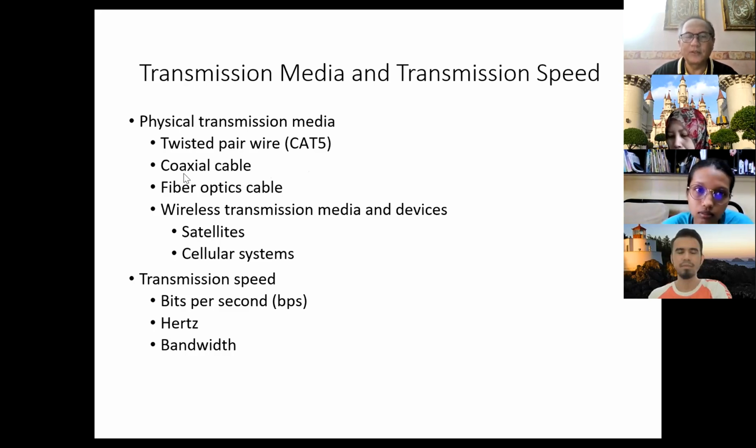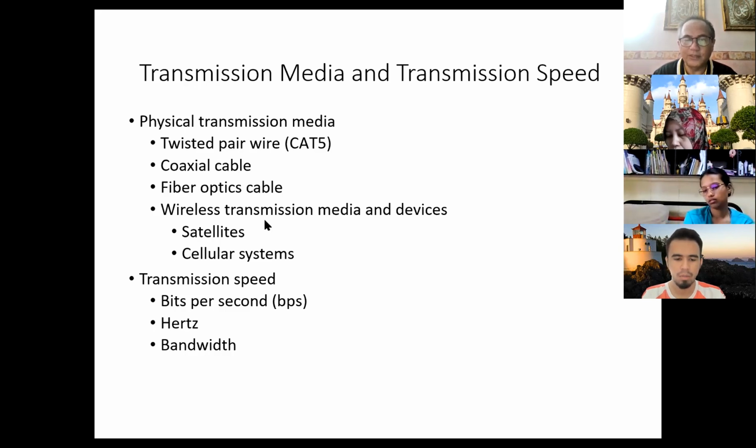And then coaxial cable. Coaxial cable is the cable that you use for your television, the Astro cable, where you have a core in the middle and strips of wire around it. That is coaxial cable. We have fiber optic cable that you see in your Unifi or Maxis fiber. That is fiber optic cable.